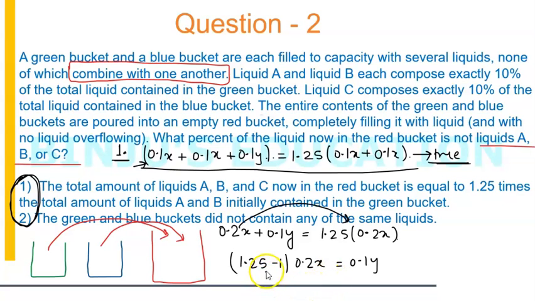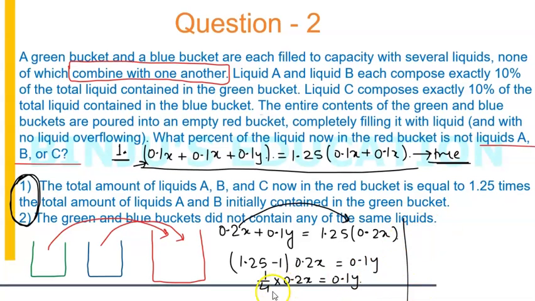So this is 0.25, that is 1 by 4 into 0.2x, equal to 0.1y. So this is like 2x by 4 is equal to y, or x will be equal to twice of y. x will be equal to twice of y.